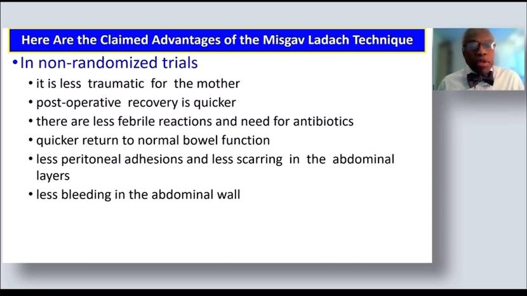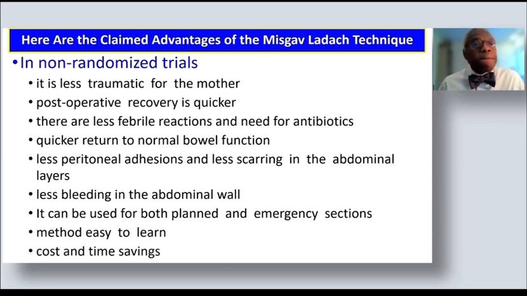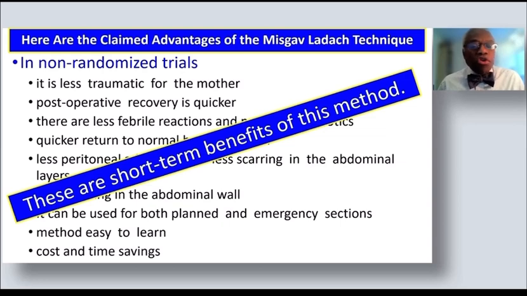There's less bleeding in the abdominal wall. It can be used for both planned and emergency sections, and the method is easy to learn. It further states that cost and time saving are very important claims. These are short-term benefits of this method.